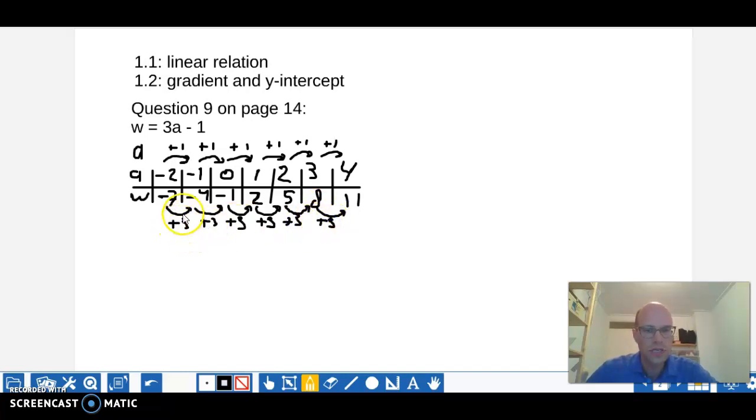Then you can see in the table that each time you go one step horizontally, the other one adds the same number.